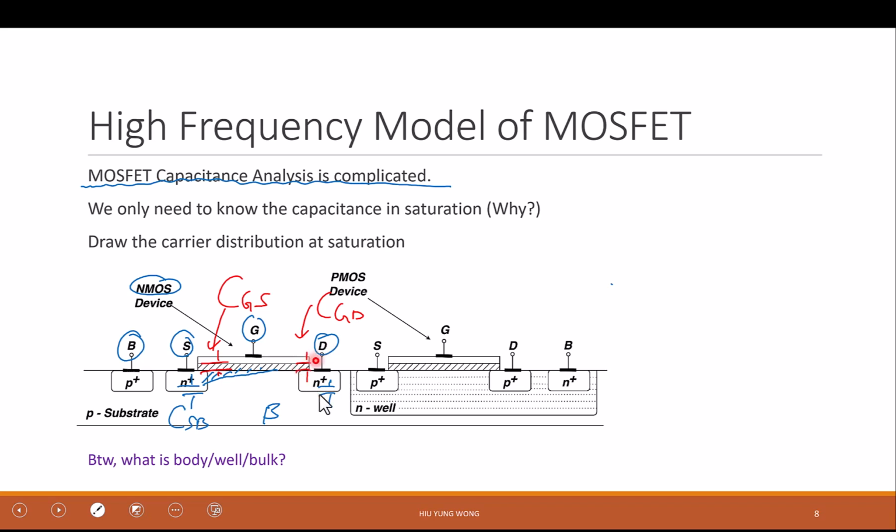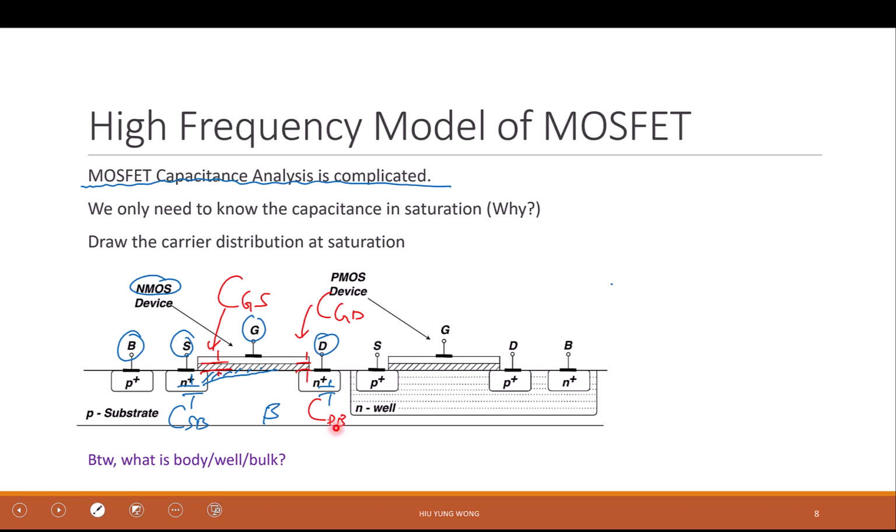But they are very important because of the Miller effect. They are small, but for common source you are going to amplify this, like what we saw earlier. Anyway, my goal here is to tell you that there are 4 capacitors: CGS, CGD, CSB, and CDB.